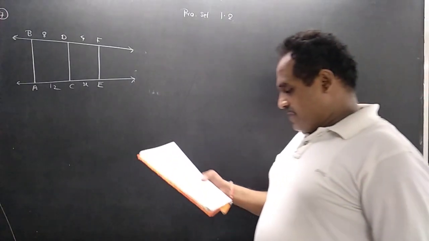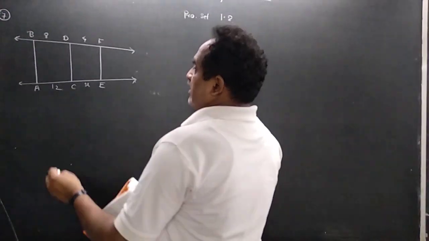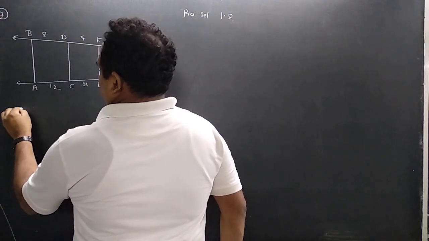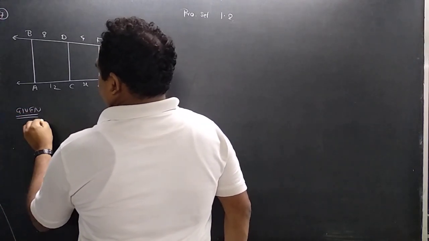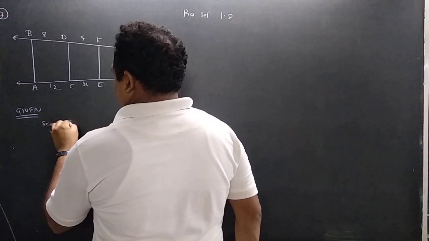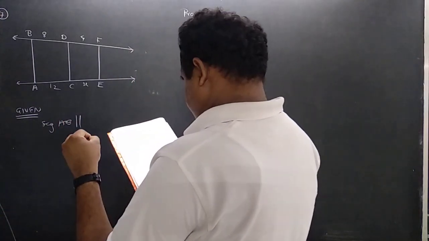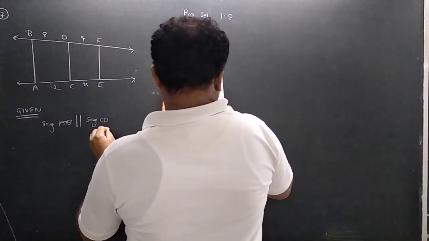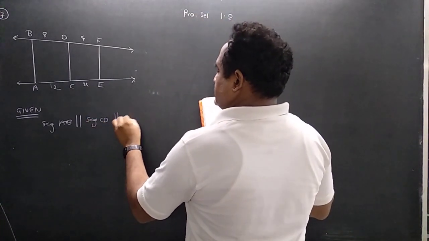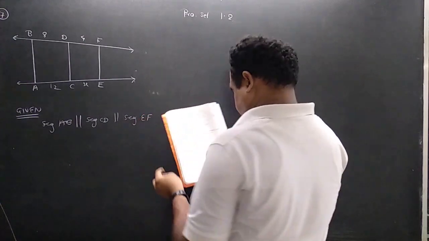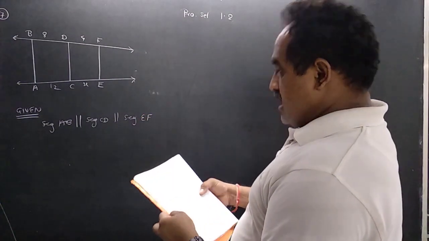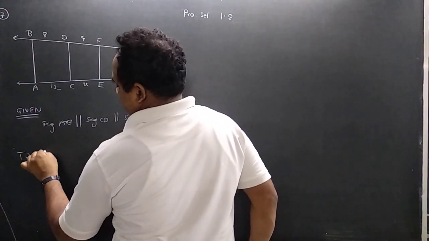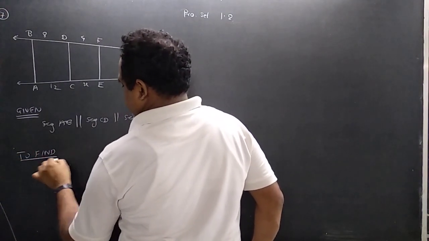Now, question number 7. They have given in the figure, segment AB is parallel to segment CD is parallel to segment EF. They have given the values and they have asked to find x.